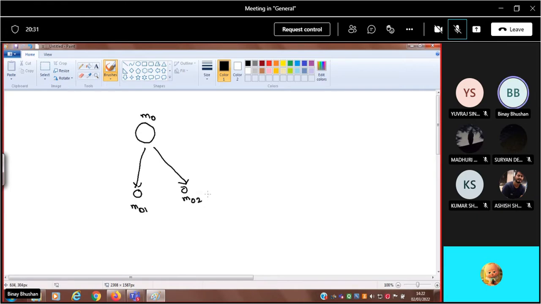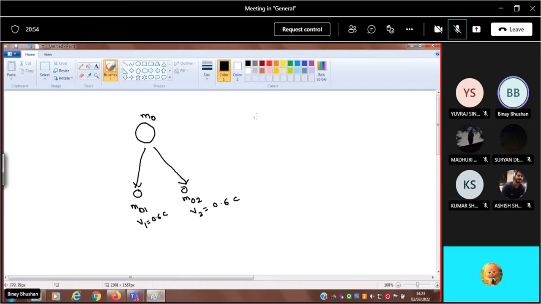These two fragments move apart at speeds of 0.6 c. That means this one is moving with 0.6 c and this one is also moving at 0.6 c. So find the rest mass of the original body.